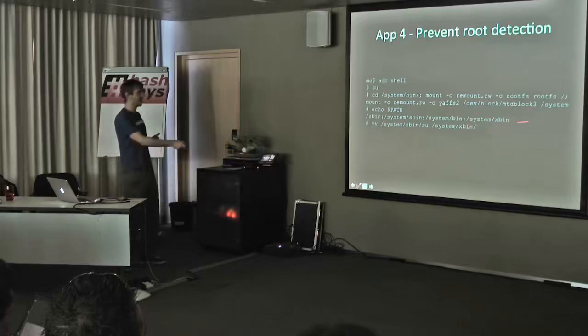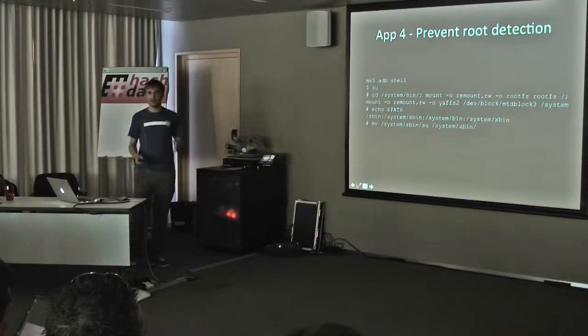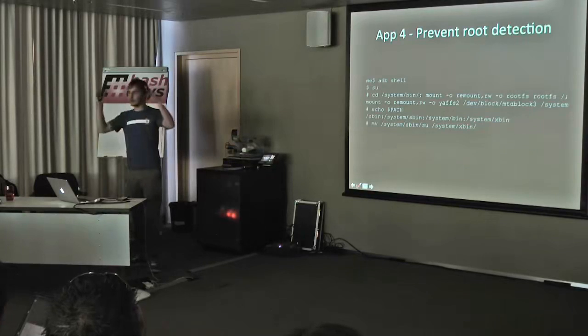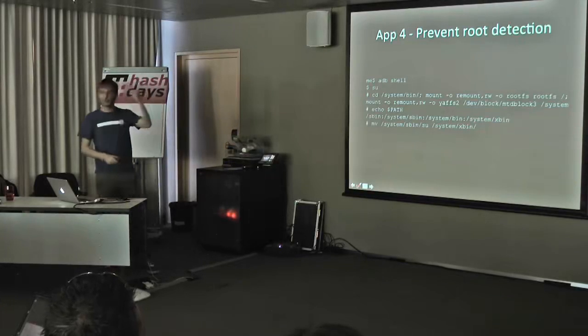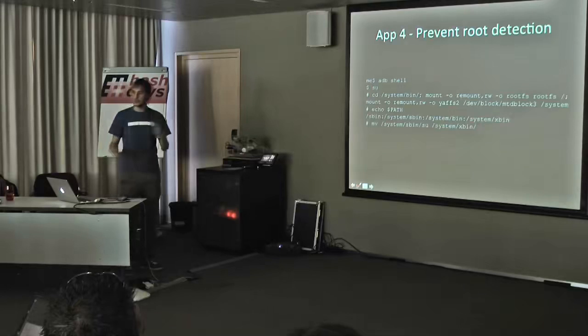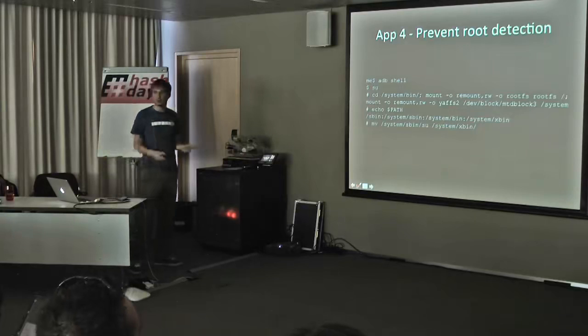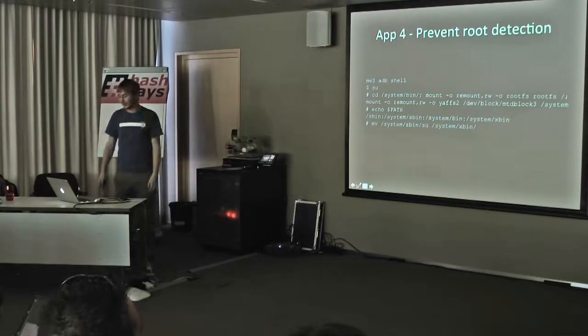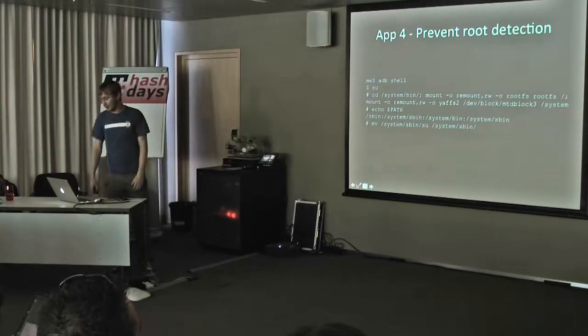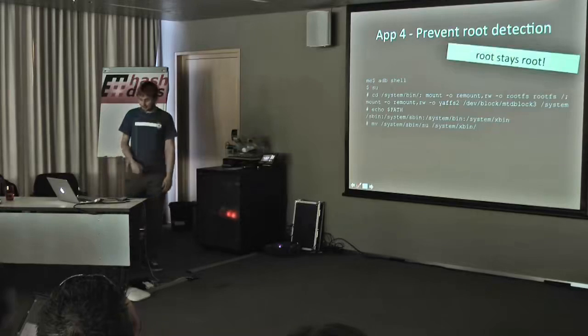It's inside the path, so all the apps will still find it. But as you remember, the app was checking for the entire path, system sbin.su, and it won't find the su command there. All the other apps will just execute su normally and will find it. So that root detection was broken as well.